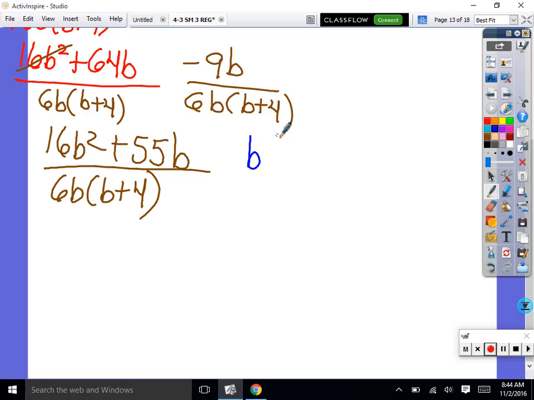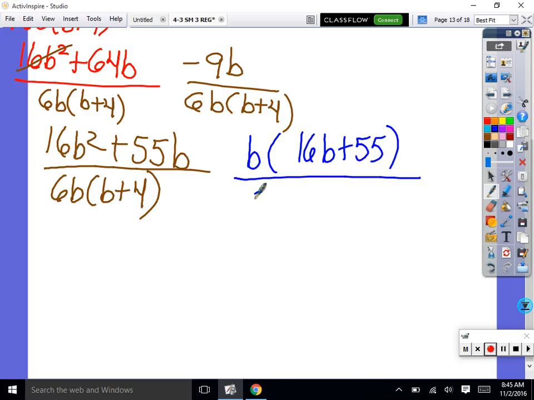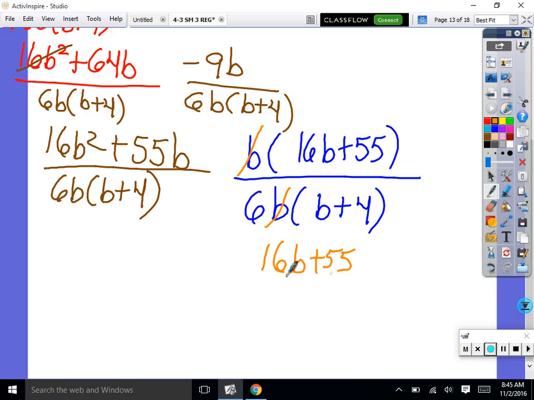B. Then left is 16b plus 55. On bottom, we have 6b. B plus 4. Now you look and say, can I simplify that? B over B is 1 over 1. Isn't that it? So left on top is 16b plus 55 all over 6 times b plus 4.